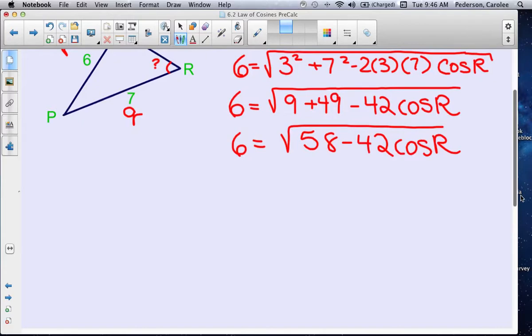Solve, but how? What can we do with that radical? How do we undo a radical? Square it. So we might want to square this side and square this side. So then we would have 36 on the left and just that radicand left on the right.